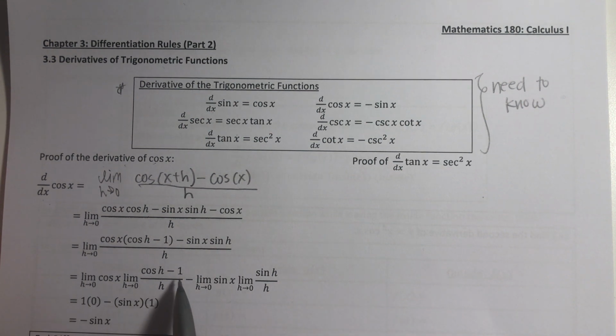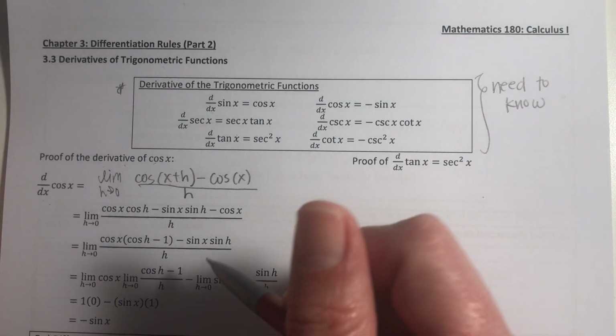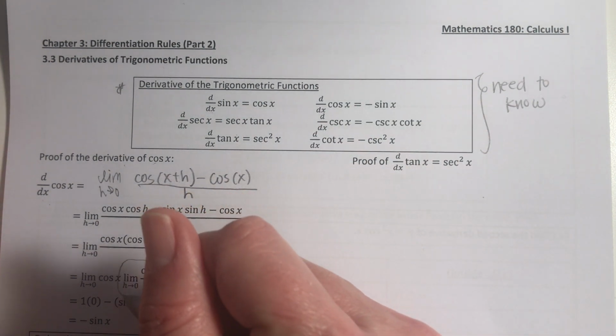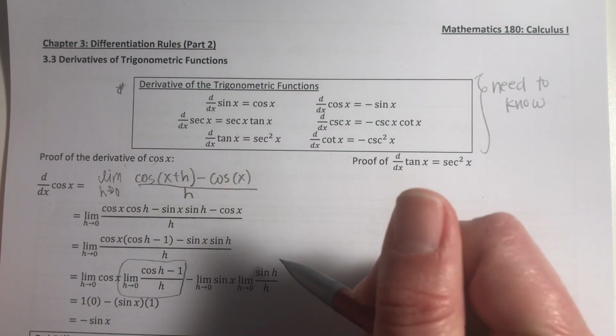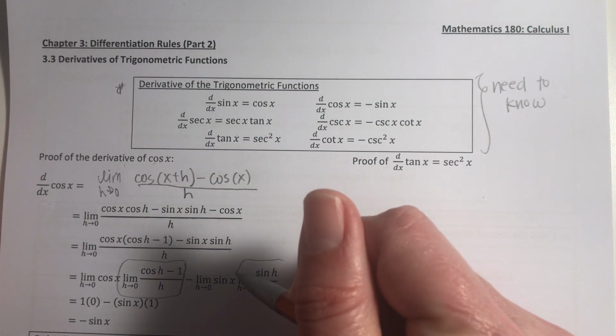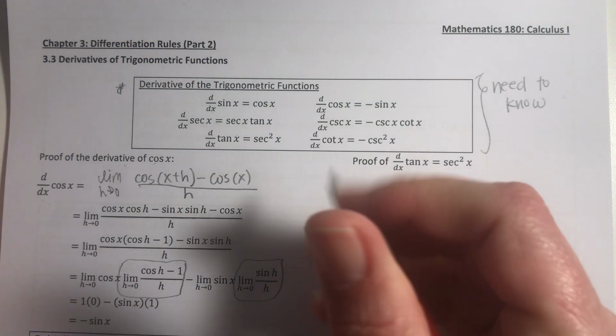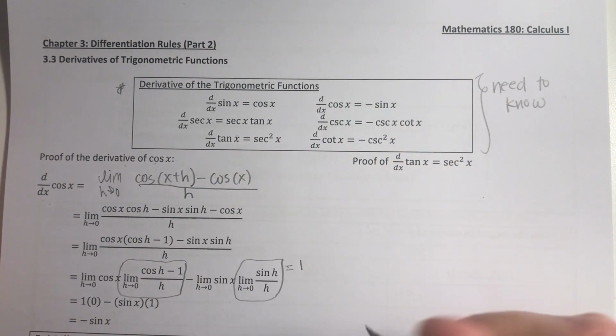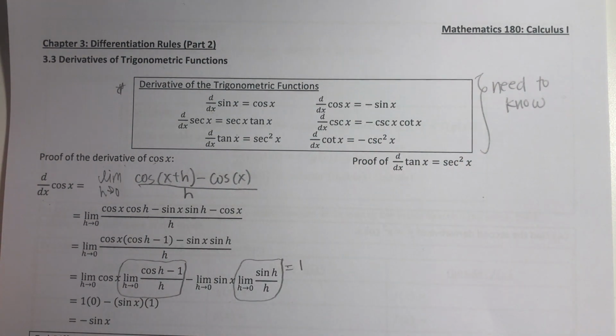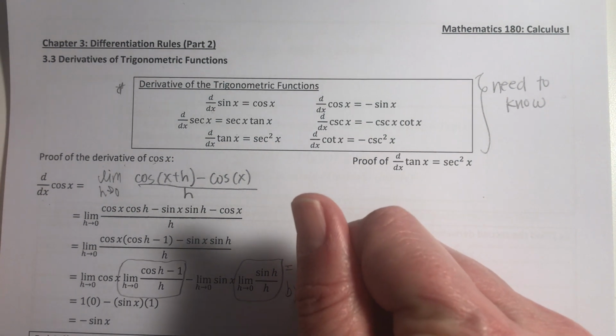Then taking the limit of each of these values individually, you will notice that this right here is an issue, as well as this. Well, this one will just equal 1. We've actually done something just like this previously, and this is by the squeeze theorem.